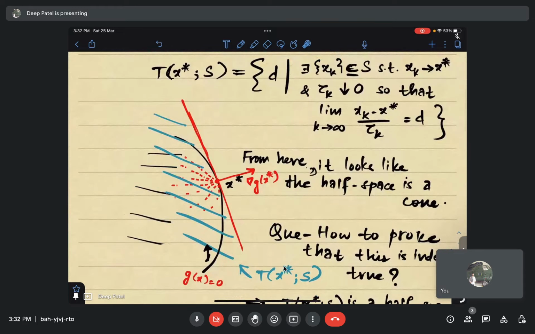We cannot assert from here that it's a cone. Cone is fine, but why is it a half space? I'm just thinking if I can prove this from this pictorial argument. I'm not sure if I can write it just like that.